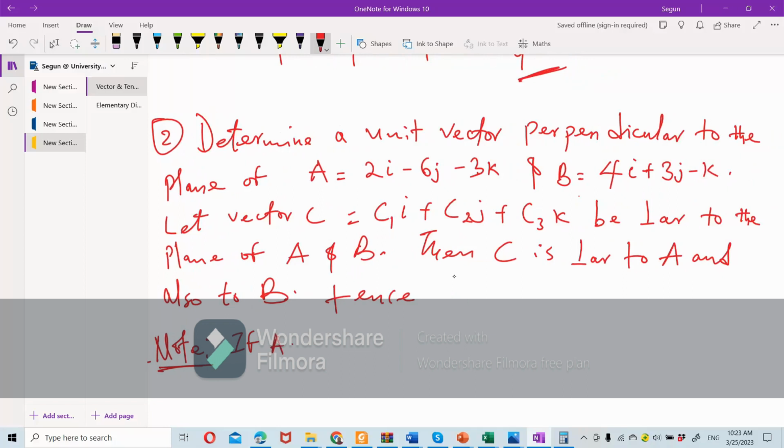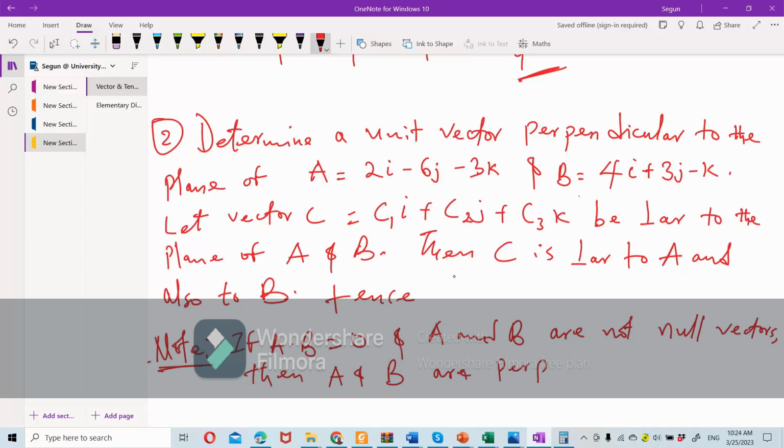If A dot B is equal to 0 and A and B are not non-vectors, then A and B are perpendicular.